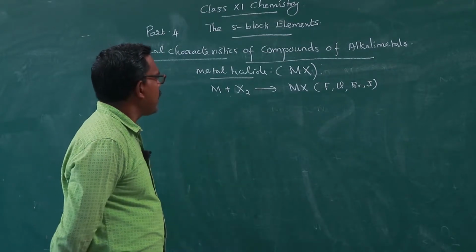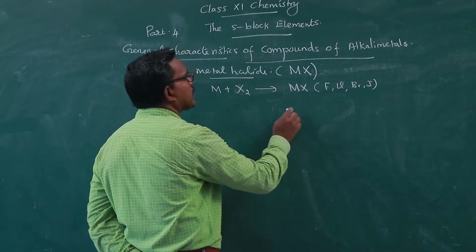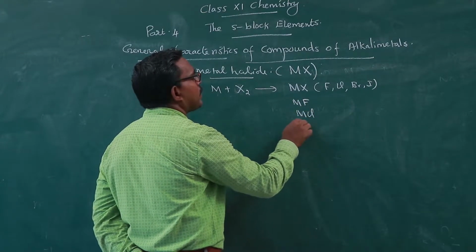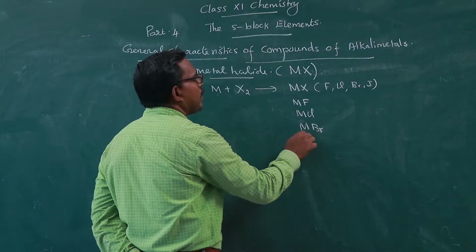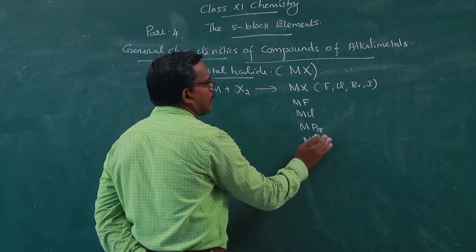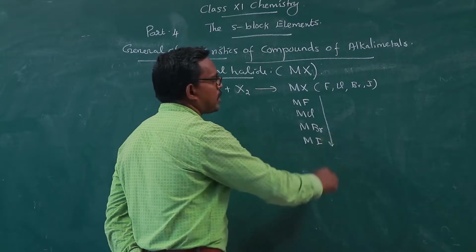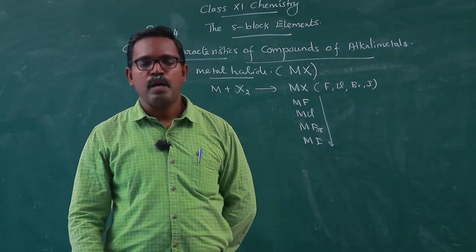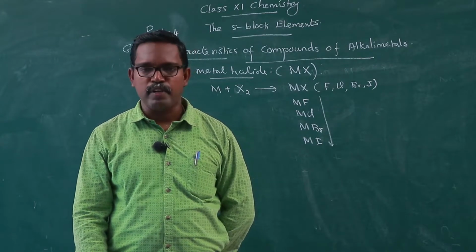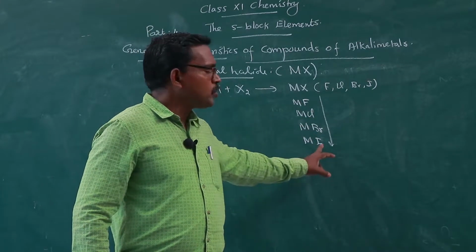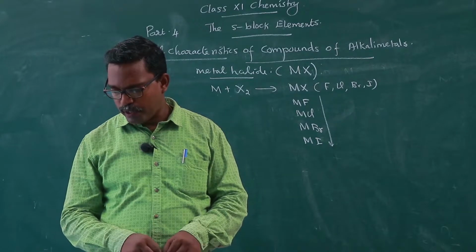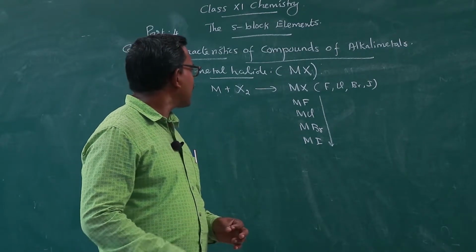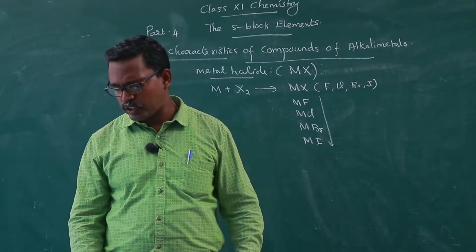For example, metal fluoride, metal chloride, metal bromide, metal iodide: from top to bottom, the melting and boiling points gradually vary from fluoride to iodide. So these are some characteristic features of metal halides.